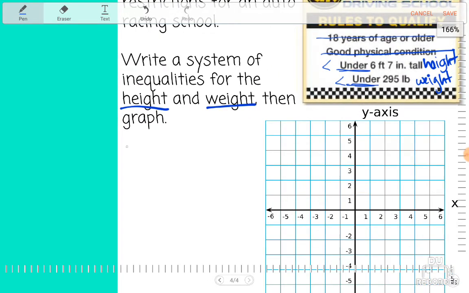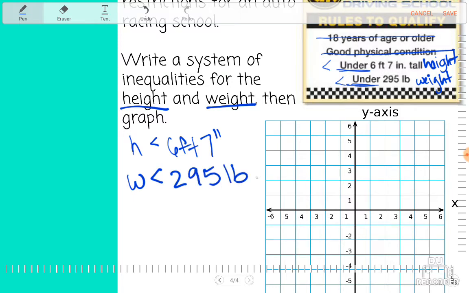Their height, or h, has to be less than 6'7". Maybe instead of having that be 6'7", I could change it into just inches. For now, I guess I could leave it like this. And then weight needs to be less than 295 pounds.